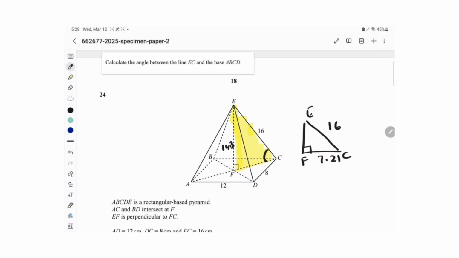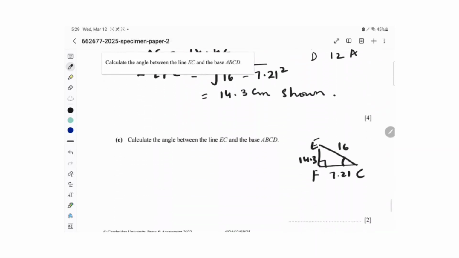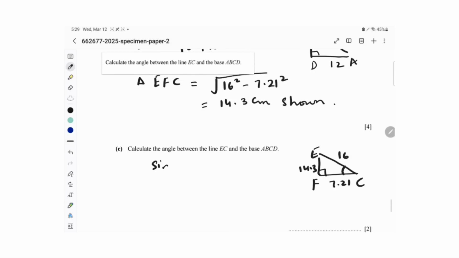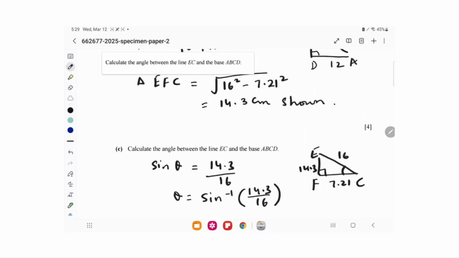For this question we can use the sine. This is your hypotenuse and this is your opposite side. So sine theta is equal to 14.3 upon 16, and theta is sine inverse 14.3 upon 16.